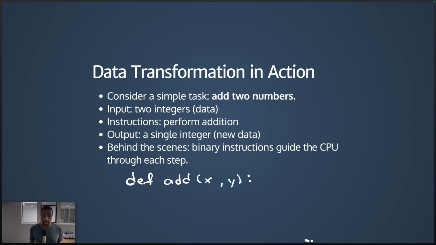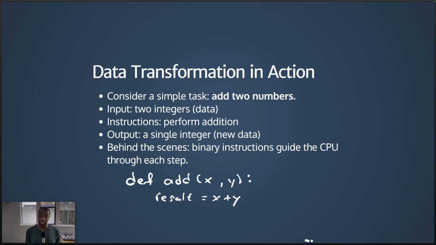I will first say, okay, the instructions now: perform addition. With this higher level language, we don't have to write 16 different assembly language lines. We can write a few lines here. So I'll have another line here. I'll say result equals x plus y. It takes the x and the y, adds them, and puts it in result.